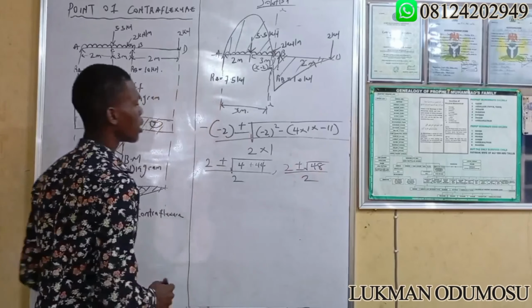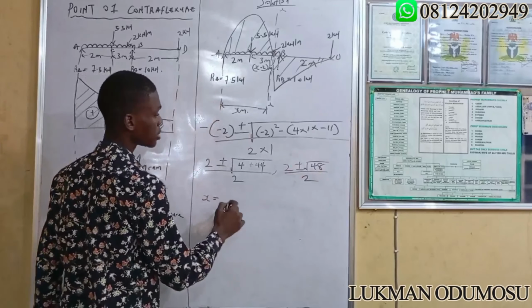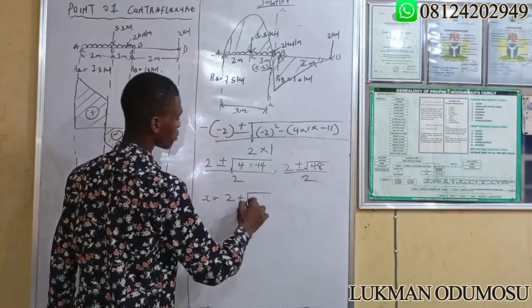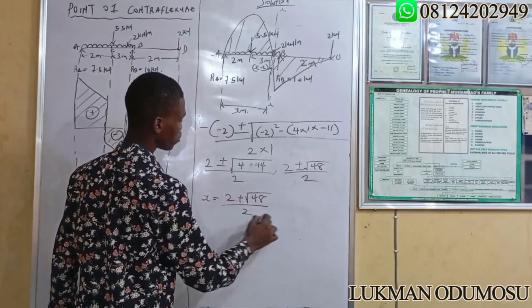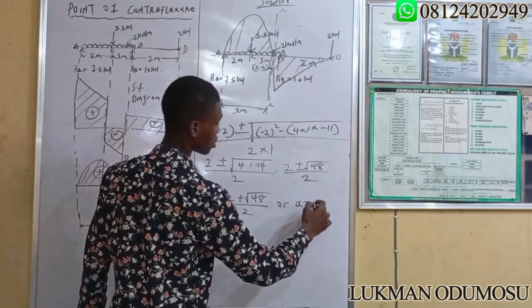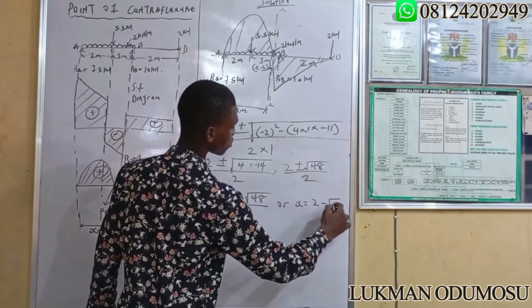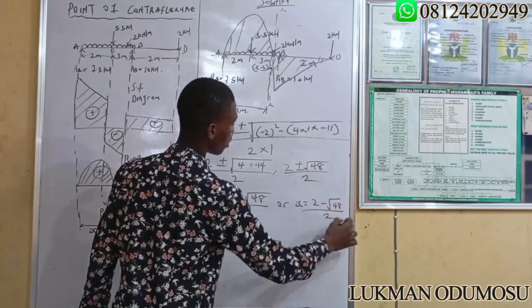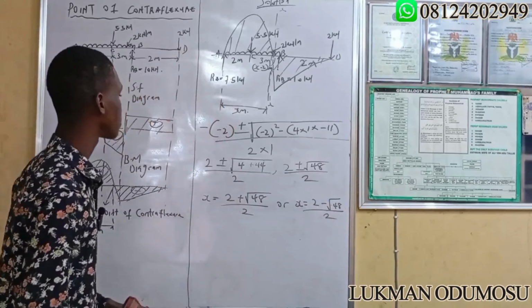Now from here, the value of x is equal to 2 plus square root of 48 all over 2, or x is equal to 2 minus square root of 48 all over 2.